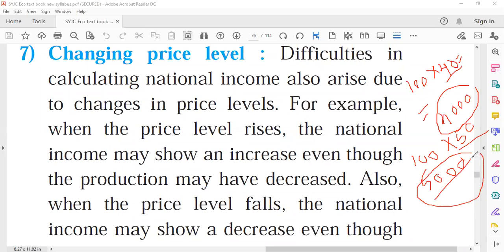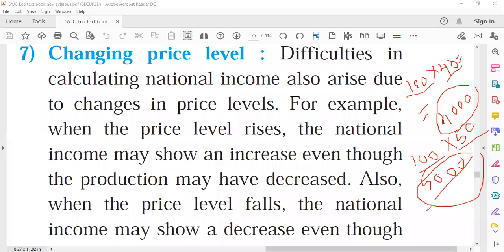Whether his real income has increased or not, no, it is just an inflated value. ये केवल inflated value है, लेकिन फार्मर की जो एग्जैक्ट इनकम है, एक्चुअल इनकम है, वो इंक्रीज नहीं हो रही है, क्योंकि his production never changed, didn't change. पहले भी वो 100 kg प्रोड्यूस कर रहा था. Now also he is producing the 100 kg.